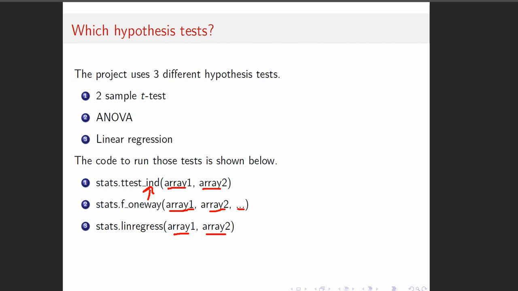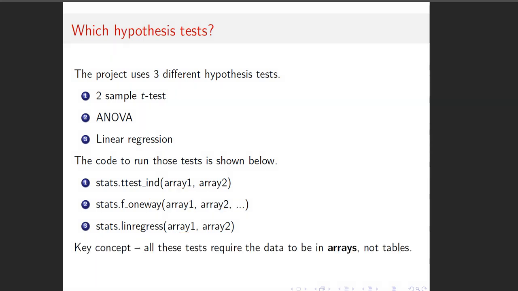goes along the y-axis. And I want to make kind of a big deal out of this because these functions all require arrays, the data to be in arrays, not tables. Okay, and I'll show you on the project in just a minute, those arrays are easy to get at.